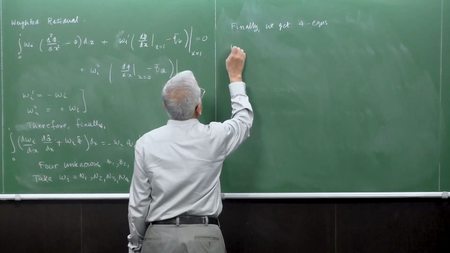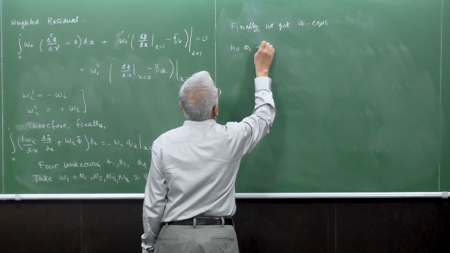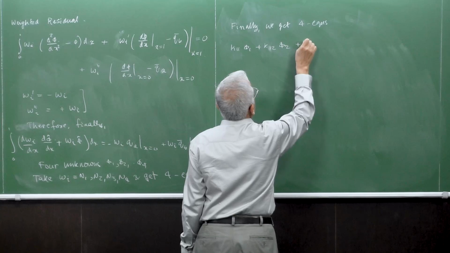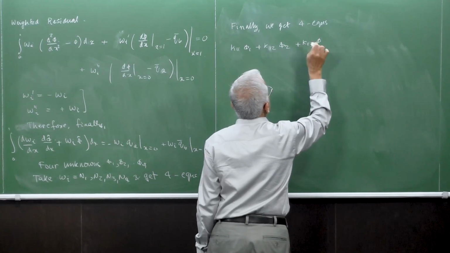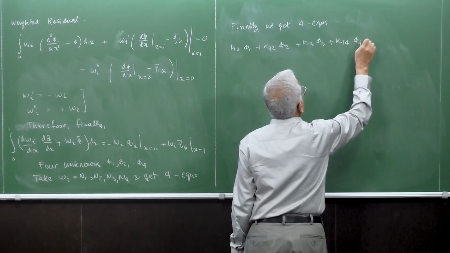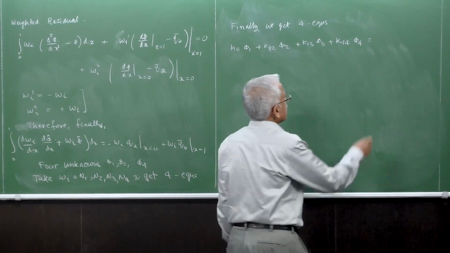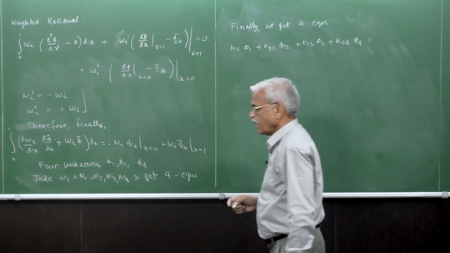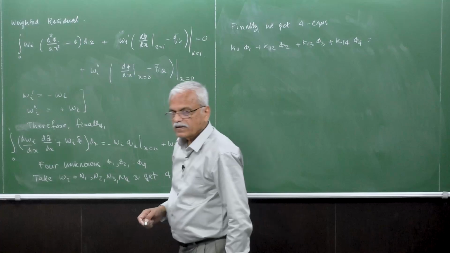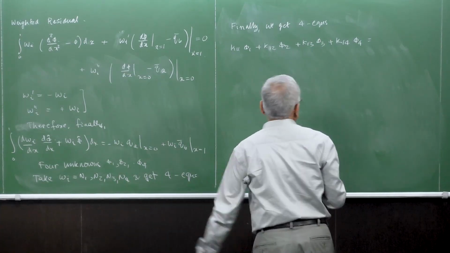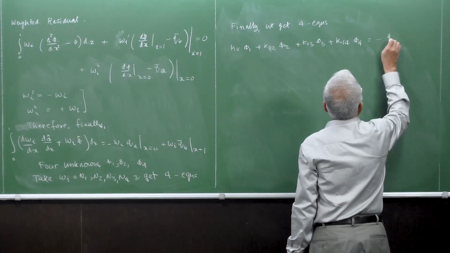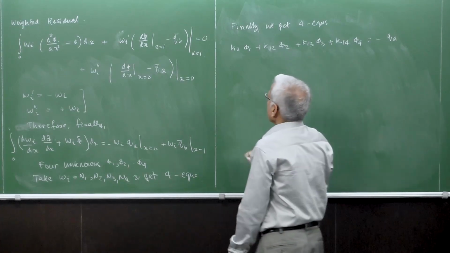So it is K11 phi 1, K12 phi 2, K13 phi 3, K14 phi 4, and the first equation has been obtained by taking the weighting function as N1. So N1 is having a value of 1, so it is simply Q_A, right?